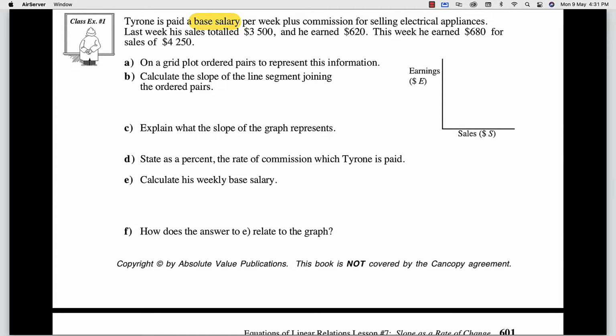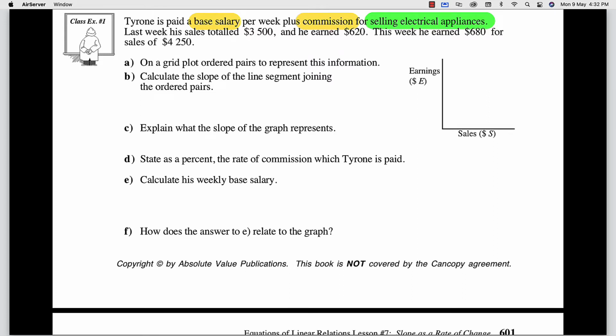Now, if you didn't sell anything or complete any tasks, your boss would be obligated to give you that minimal amount. However, a lot of jobs are on what we call commission, where in this case you can see that this person, Tyrone, is selling electrical appliances like refrigerators, stoves, blenders, things like that.